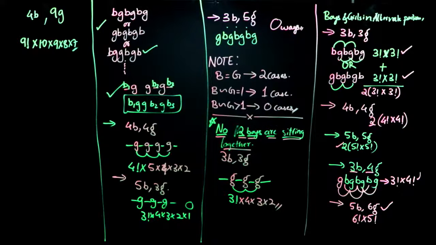No, you cannot take 4 factorial into 3 factorial because they have to be seated in an alternate position, when you are trying to apply the condition that was given to you in all the boys sitting together here.